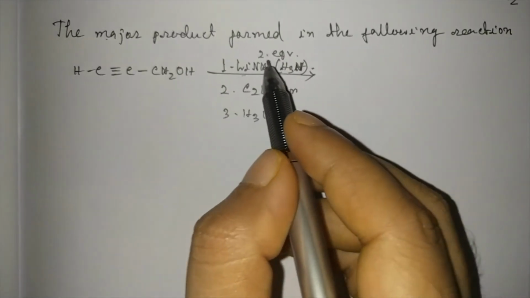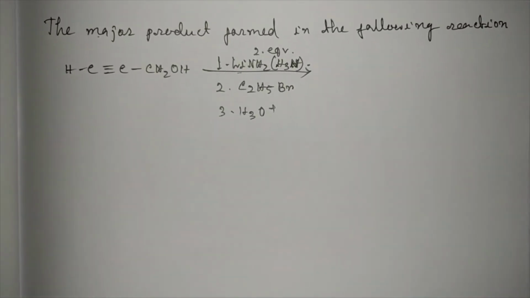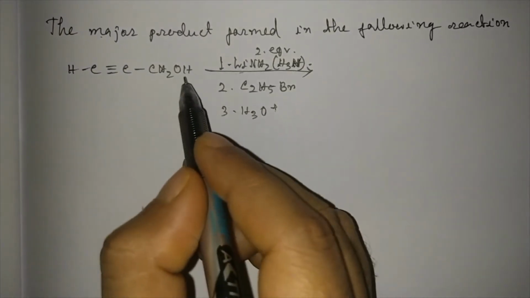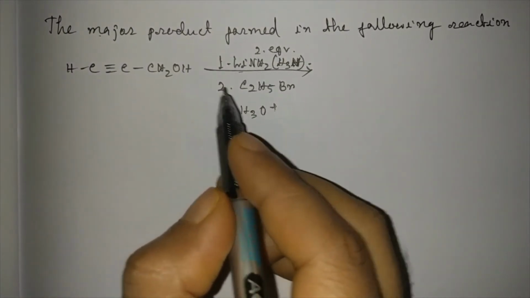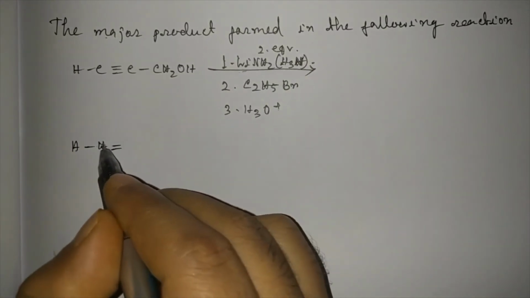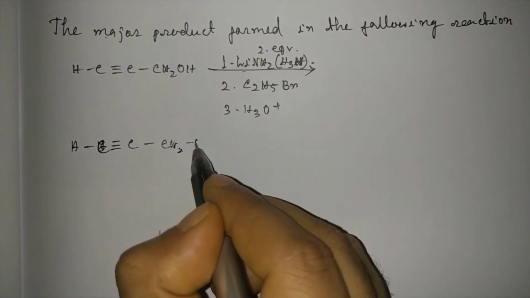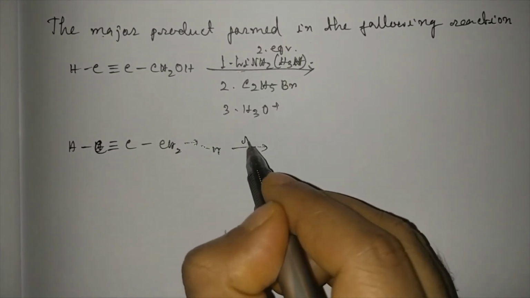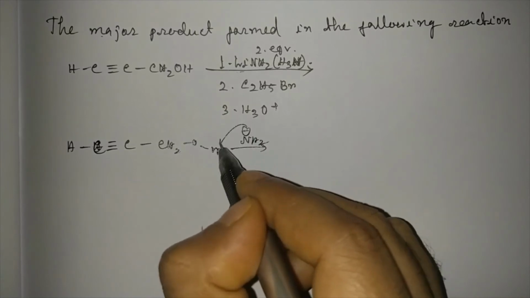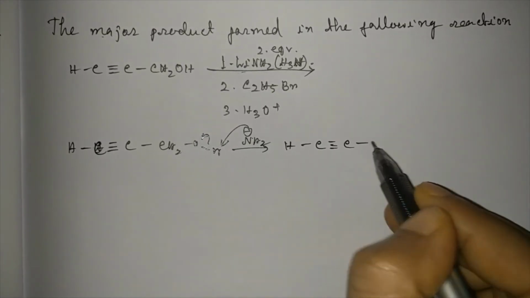So here 2 equivalents of lithium amide base are used. One equivalent will be used to abstract this hydrogen, so first one equivalent will be used to abstract this proton, and the corresponding anion will be formed.